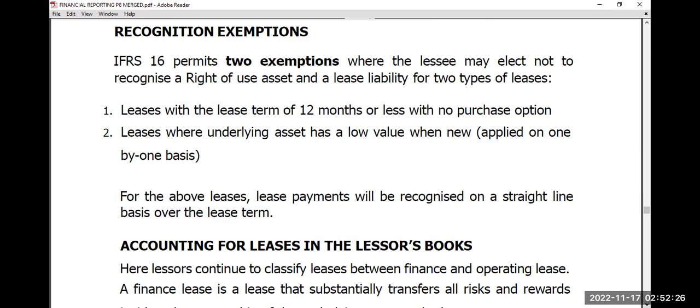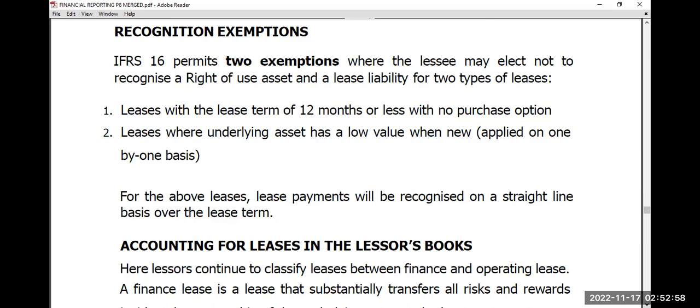Meaning what we do for these, we just spread the costs over the lease term. If the lease term is for 1 year, we divide the cost we are incurring by 12, and we get what we are going to be paying every month. That's how basically we account for that under the books of the lessee.